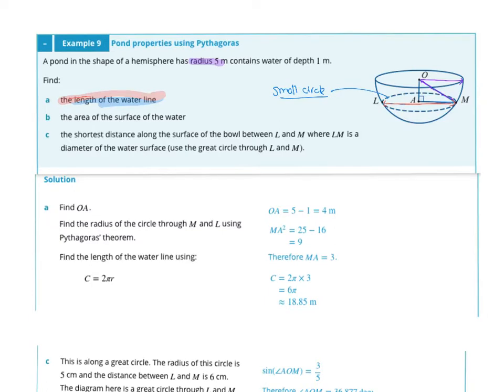Also this line there to there is 5, and also from that down to the bottom of the pond would be 5. So you can set up a triangle in there, and they've sort of drawn it for you, because when they say the depth of water is 1 meter, that part there is 1 meter.